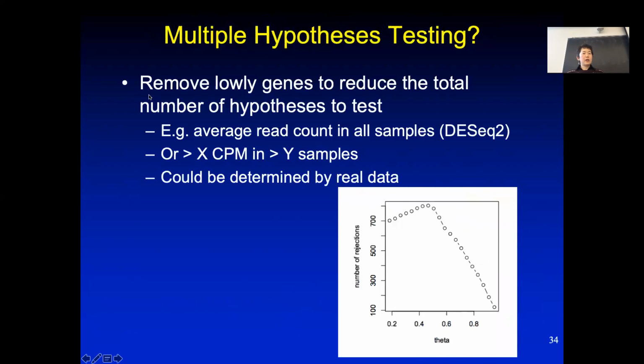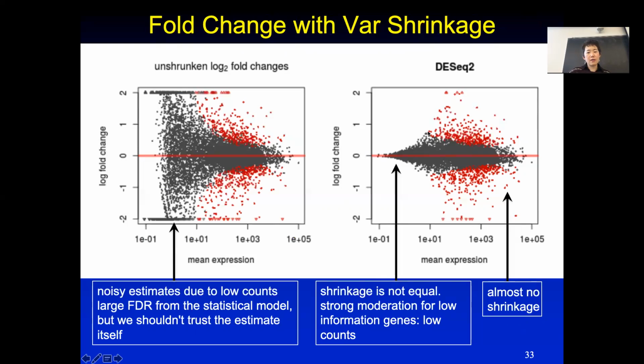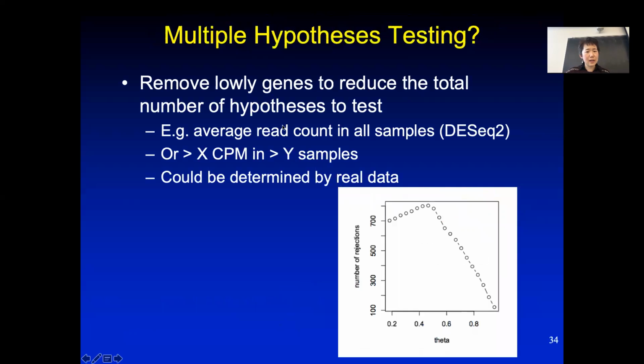And so for DESeq, in addition to using Benjamini-Hochberg for adjusting for multiple hypothesis testing, DESeq also tries to remove the lowly expressed genes. Even if their read count is low, either because the gene is too short or the expression level is too low, you just don't have enough power to detect that.